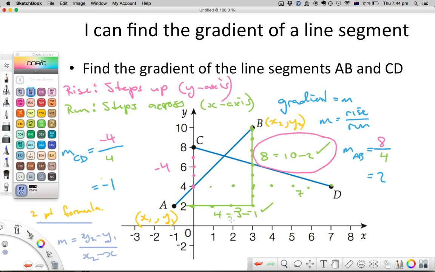And so, for example, this was x2 minus x1, and this was y2 minus y1. So yeah, that's how you find the gradient of a line segment.